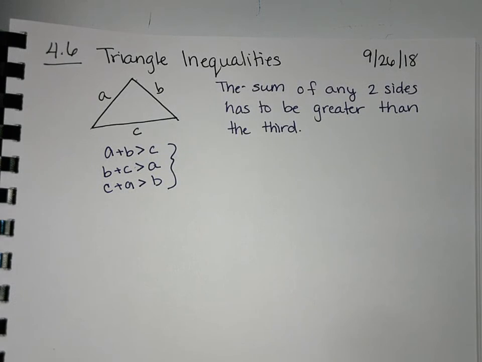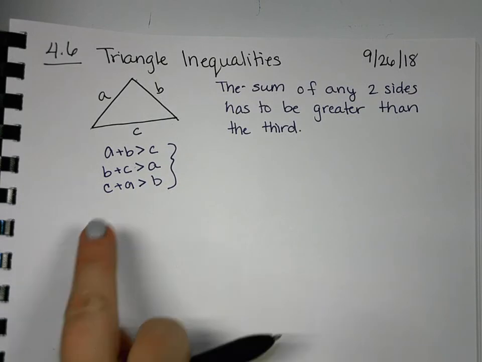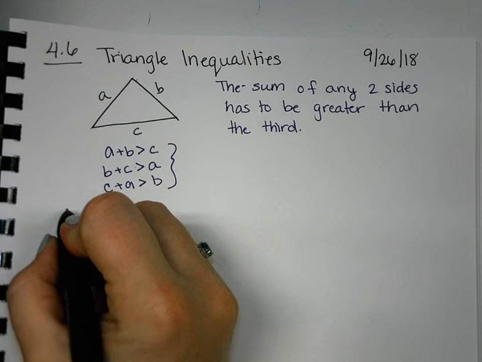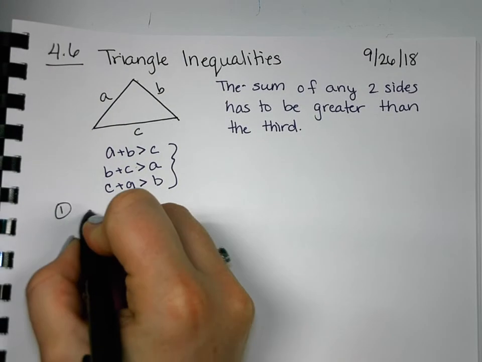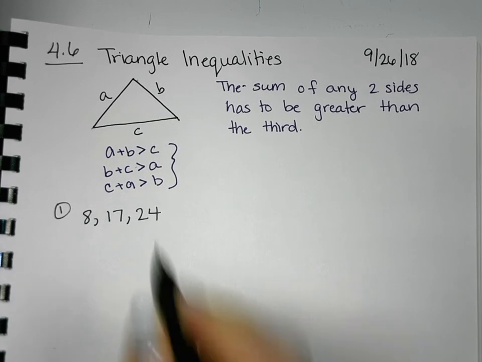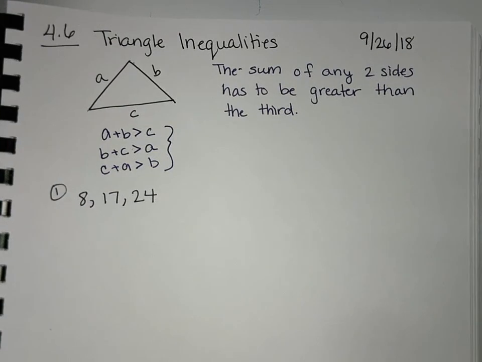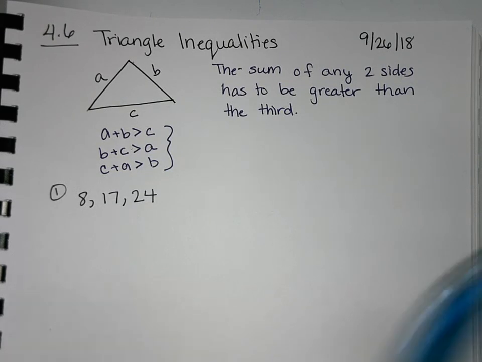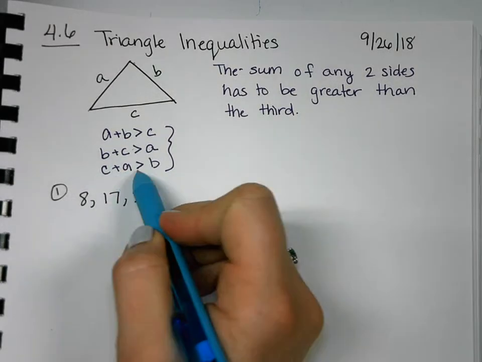So what I want to look at real quick is some numbers to test, are we going to have a triangle? So with our first example, if I give you the sides 8, 17, and 24, and I want to know, will those three side lengths even connect in a way that can make a triangle? So I'm going to do exactly what I have here.